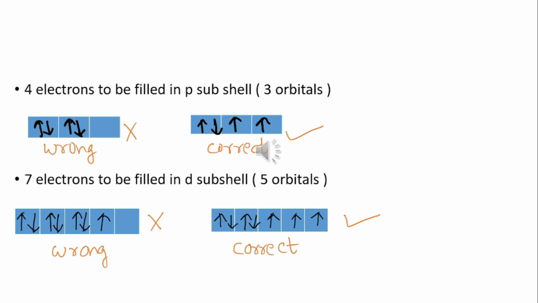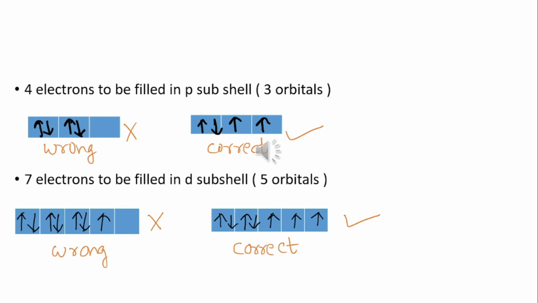Second example, 7 electrons are to be filled in the d subshell. The d subshell is having 5 orientations, that is 5 orbitals, and here 2 ways of filling electrons are shown. Now, according to Hund's rule of maximum multiplicity, all the orbitals should be singly occupied first, and when all the orbitals are half filled, then the next electron will get paired.